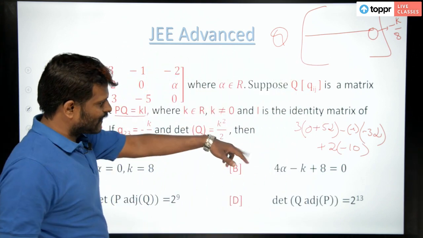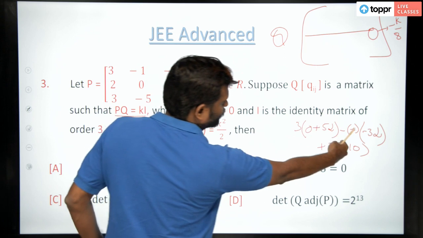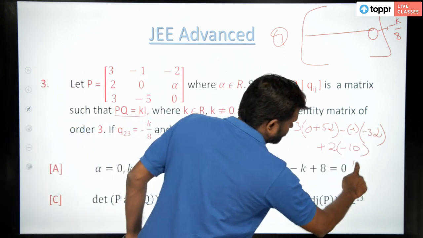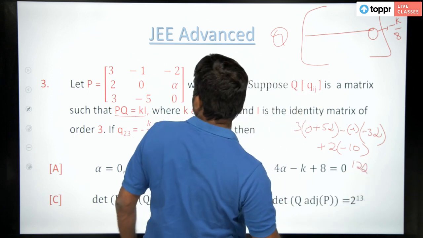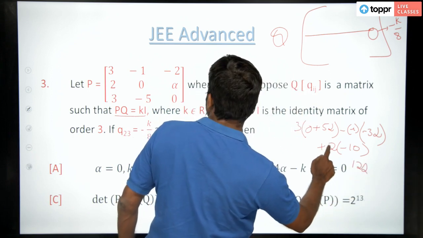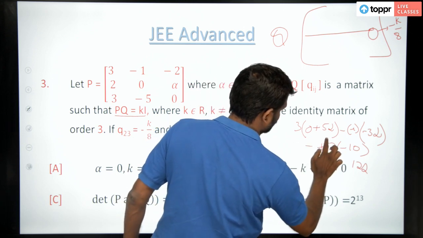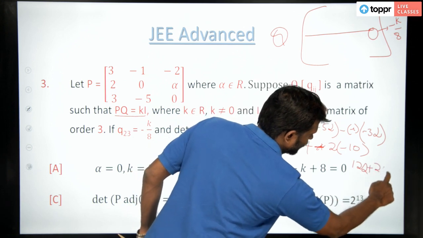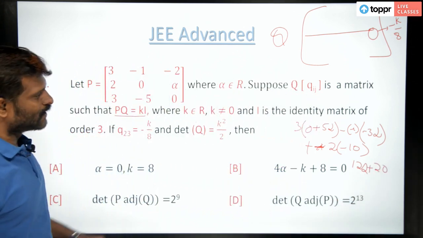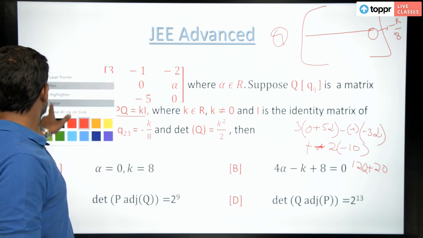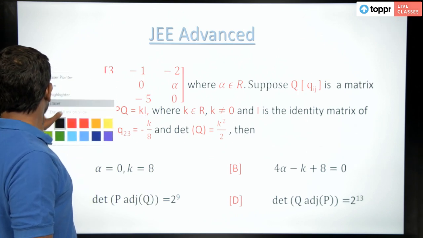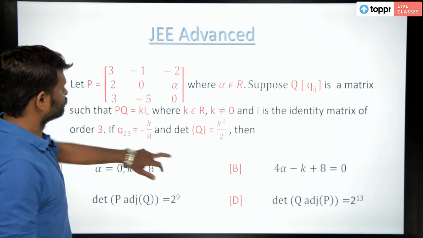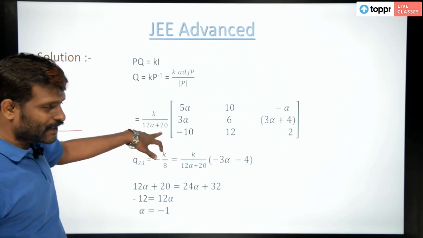So, if you simplify that, it is 15 alpha, and this is minus 3 alpha, 15 minus 3 is 12 alpha, right, 12 alpha, and minus of minus 2 times that will be 20. So, plus 20. So, 12 alpha plus 20 will be the determinant of it.